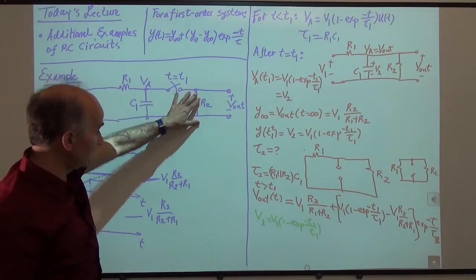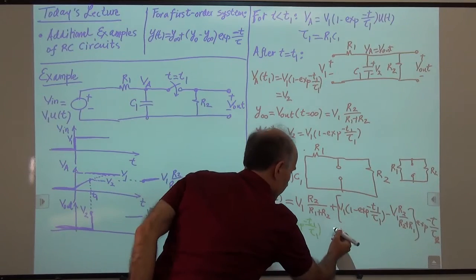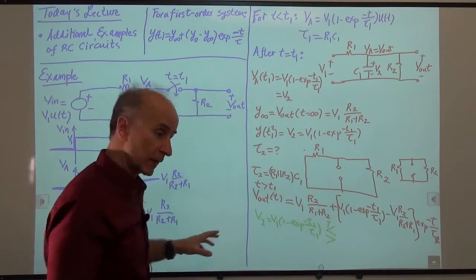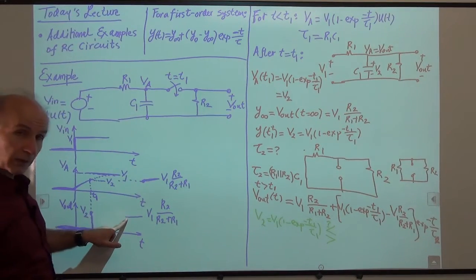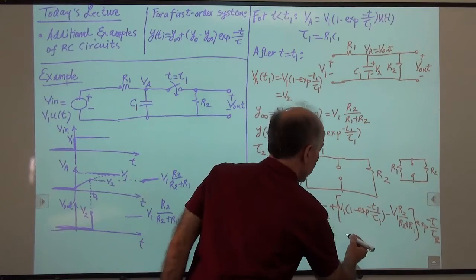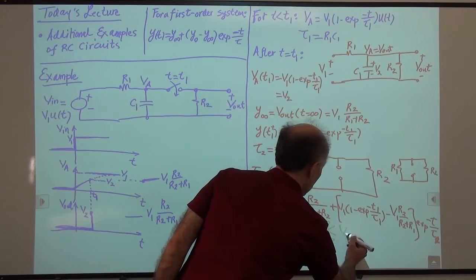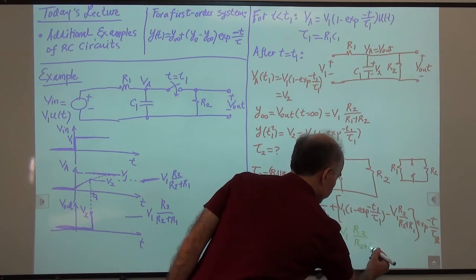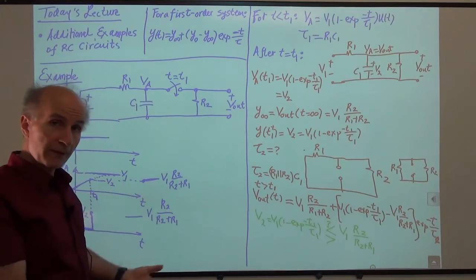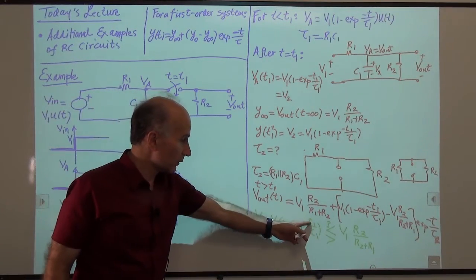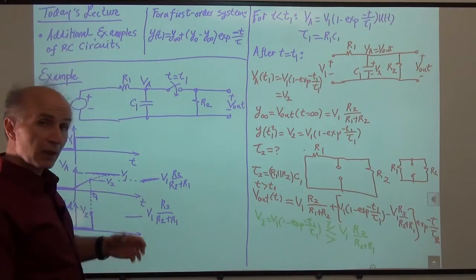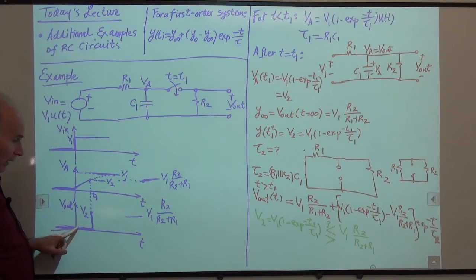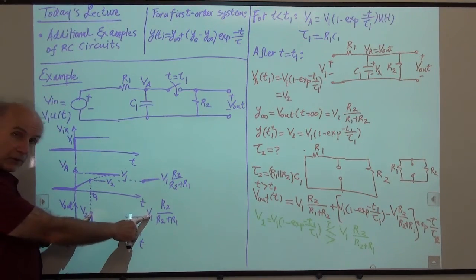And the value at infinity is given by this. So we have to ask ourselves which one of these conditions holds for this voltage right here and this voltage right here. So that voltage at time infinity is given by V1 R2 over R2 plus R1. Well, it depends on the values, right? It depends on how we choose T1. If T1 is relatively small, this voltage hasn't gone up much, so V2 will be lower than this final value.